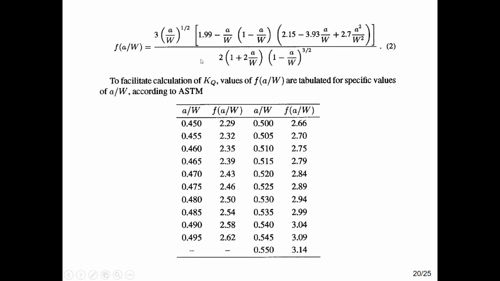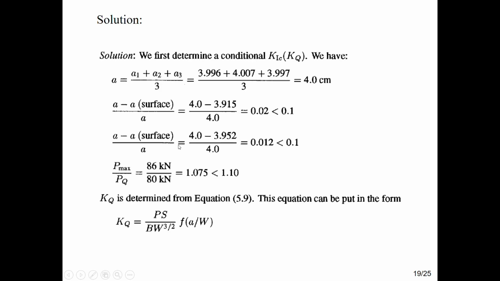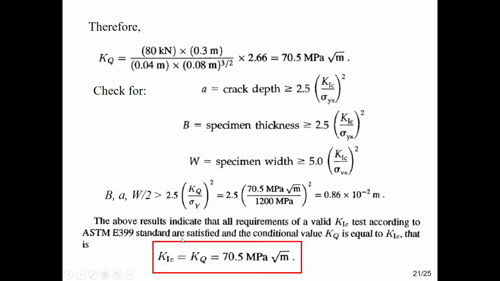Only then can you substitute that value into this equation. Therefore, when they insert everything, they get KQ equal to 70.5 MPa times square root of m. So you need to check whether this condition is applicable for the test specimen.